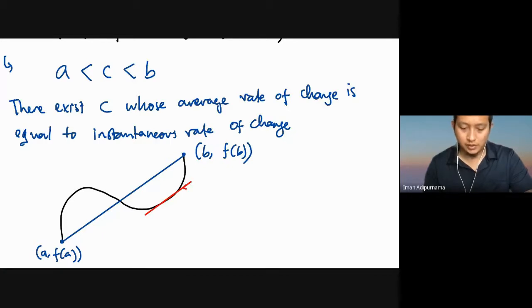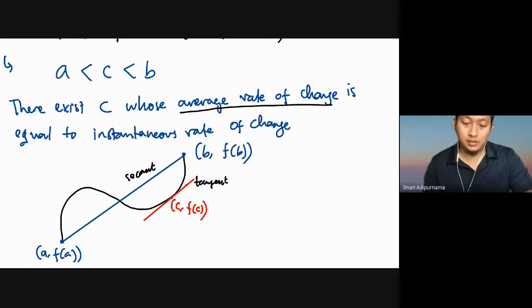Let's say here. The tangent is here. So let's say this is our c. This is the secant. This is a tangent. So average rate of change is our secant. Our instantaneous rate of change is our tangent. I hope you still remember that definition.